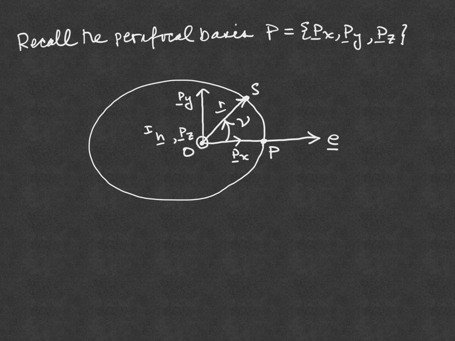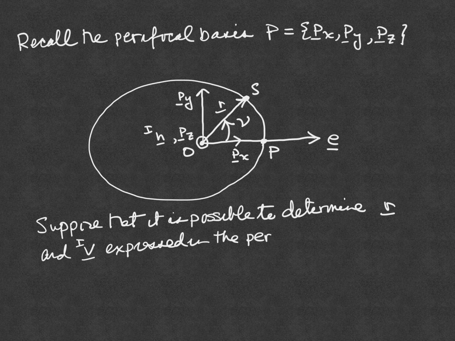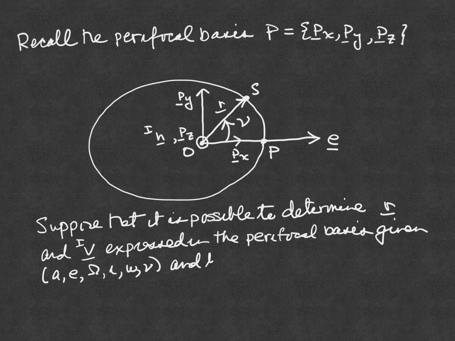The reason that's the starting point is because let's suppose that it is possible to determine r and the inertial velocity v expressed in the perifocal basis, given the orbital elements a, e, omega, I, little omega, and nu, and the gravitational parameter mu.